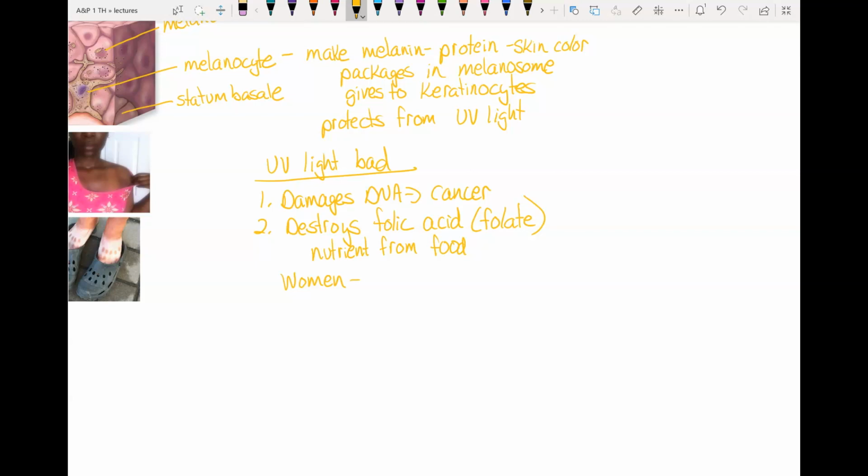Women need plenty of folic acid when they are pregnant. If a pregnant woman doesn't have enough folic acid, so if she lacks folic acid, that will cause her to either have a miscarriage or the baby will be born with birth defects.